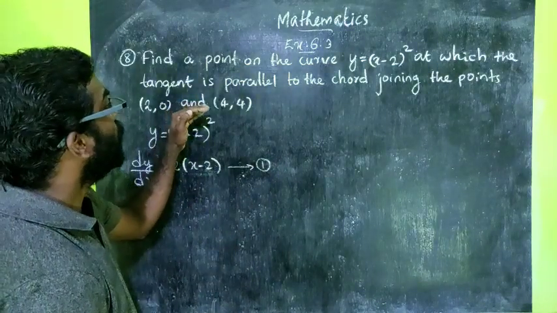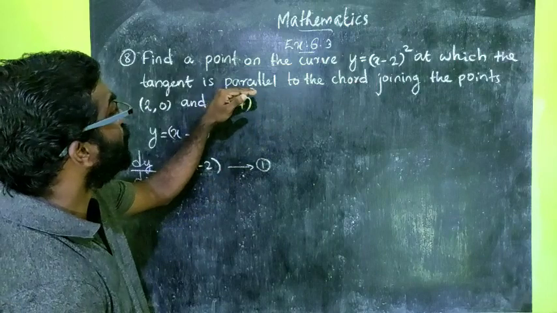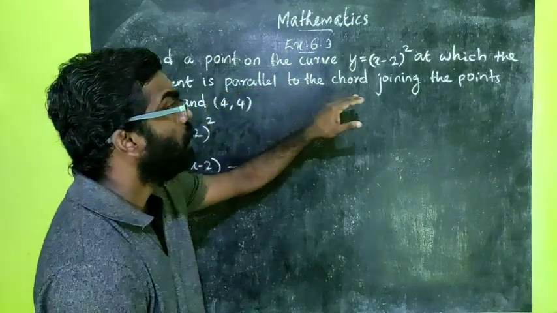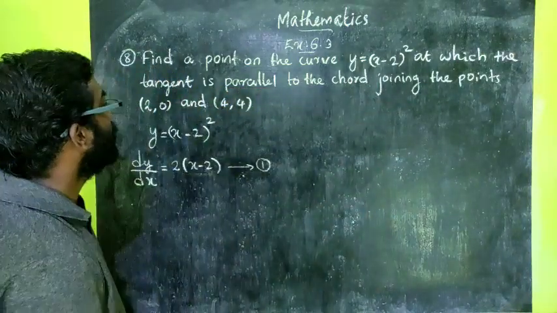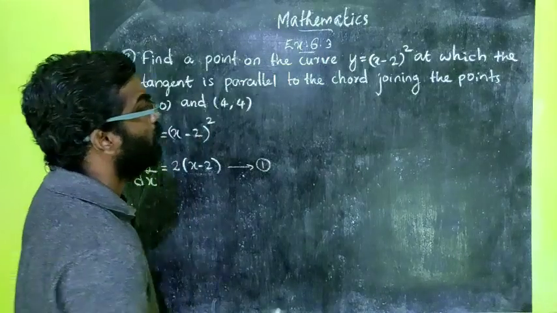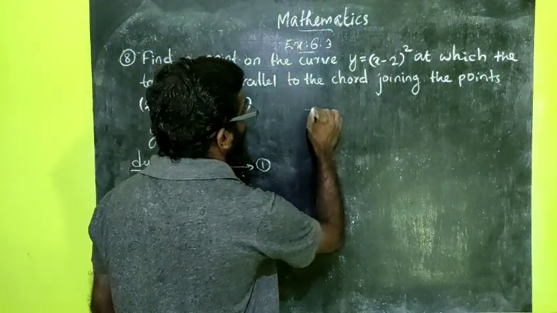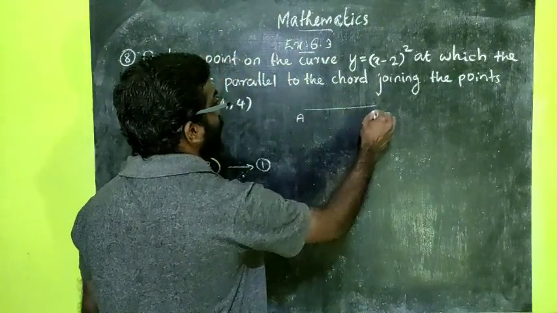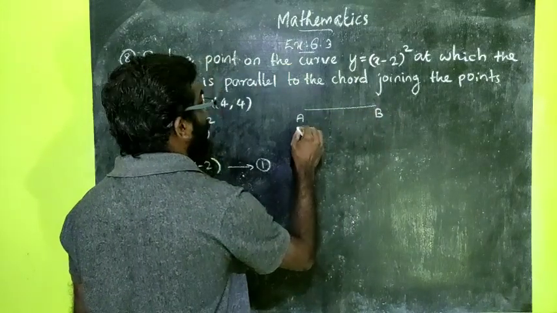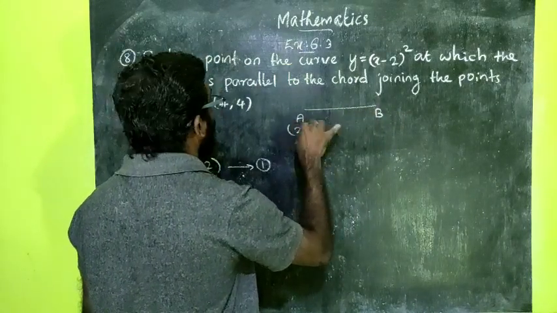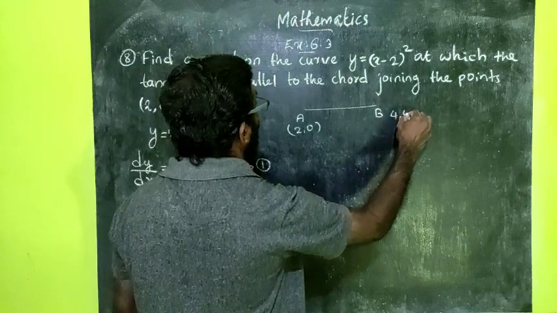Now it is given that the tangent is parallel to the chord joining the points 2, 0 and 4, 4. So here we can take AB as a chord and the endpoints are given as 2, 0 and 4, 4.